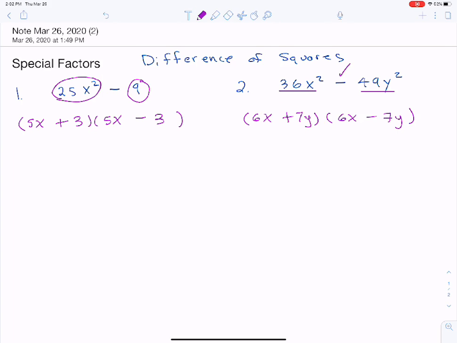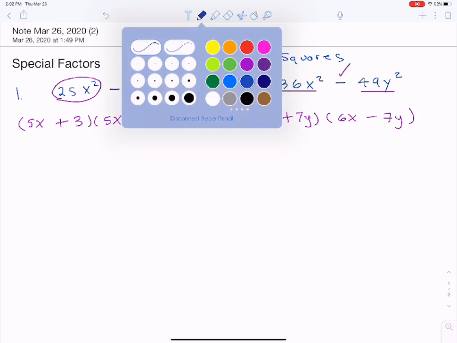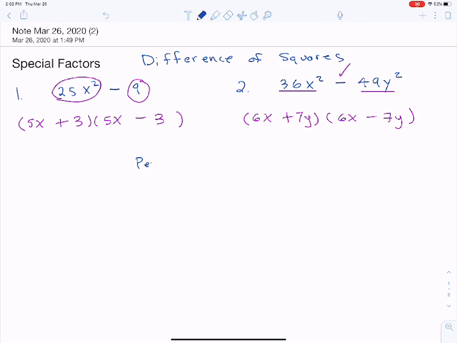Now let's look at perfect squares. Okay, so with perfect squares, we're going to again look at a couple things.